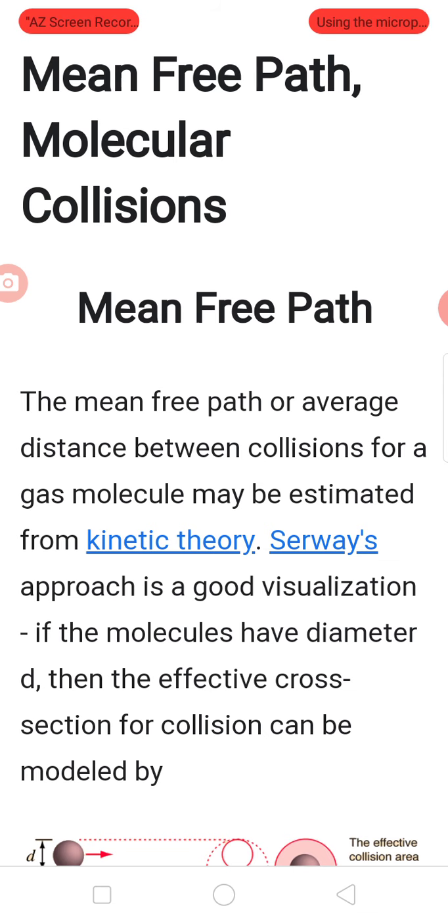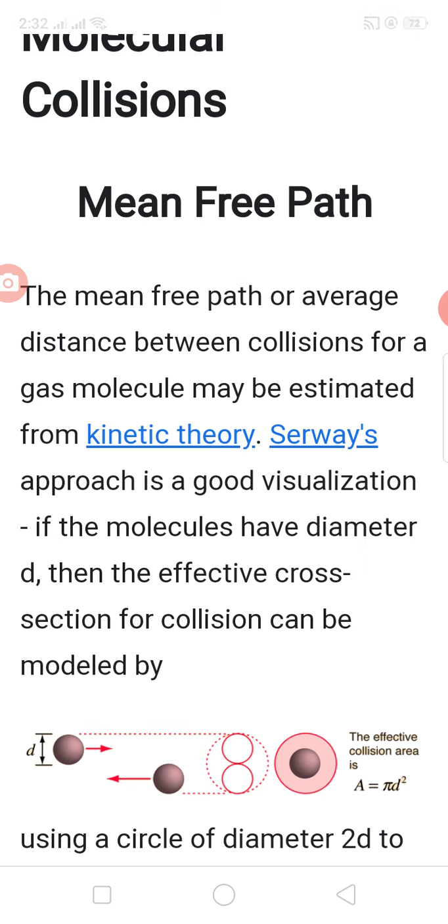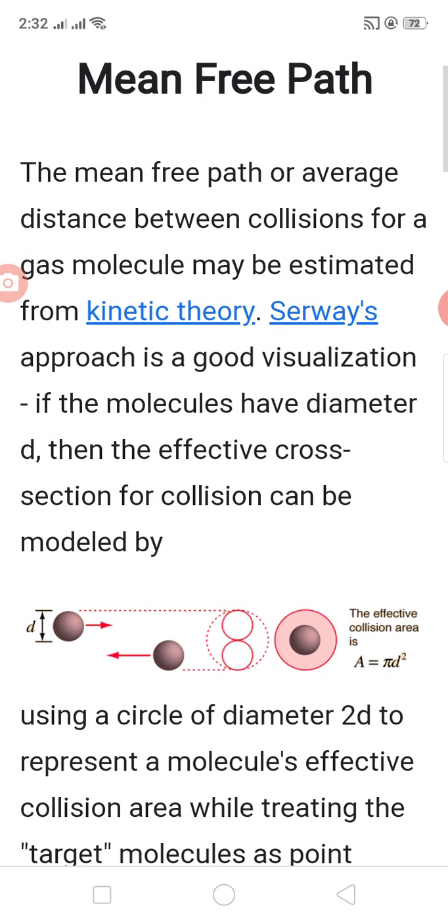Survey approach is a good visualization. If the molecule has the diameter d, small d, then the effective cross section for the collision can be modeled as in the diagram. Two molecules of the gas are moving in opposite directions.